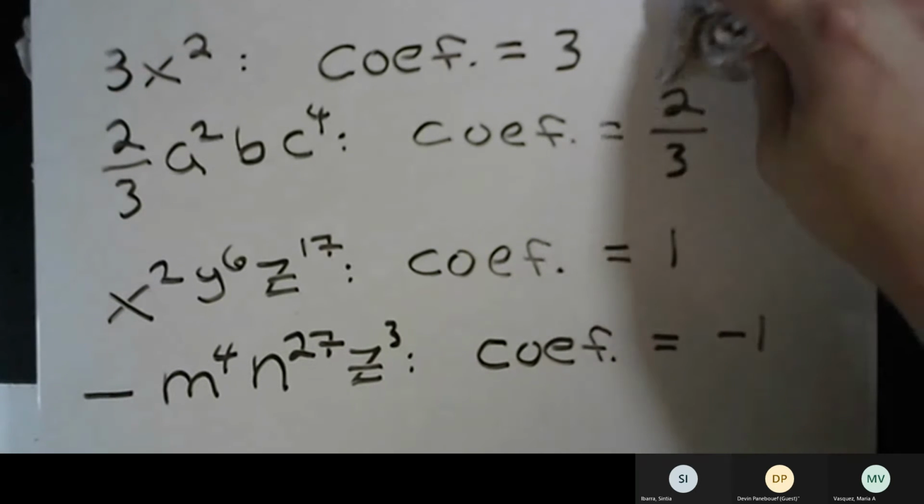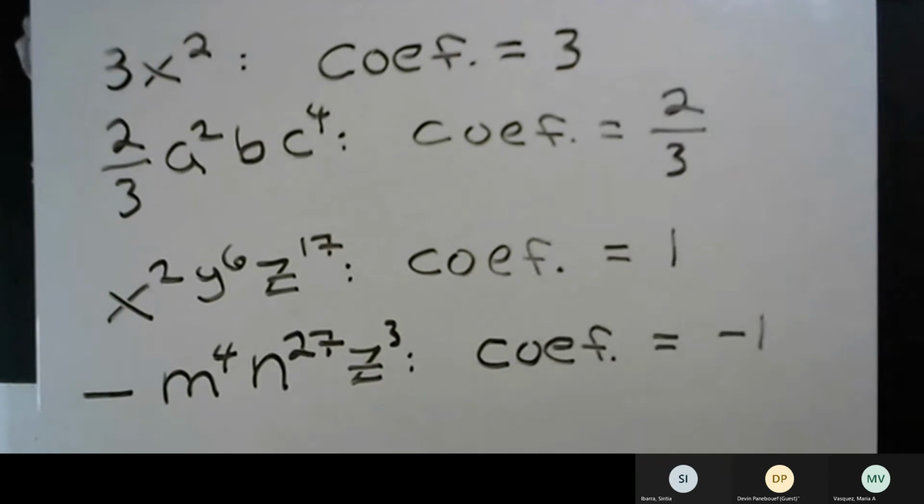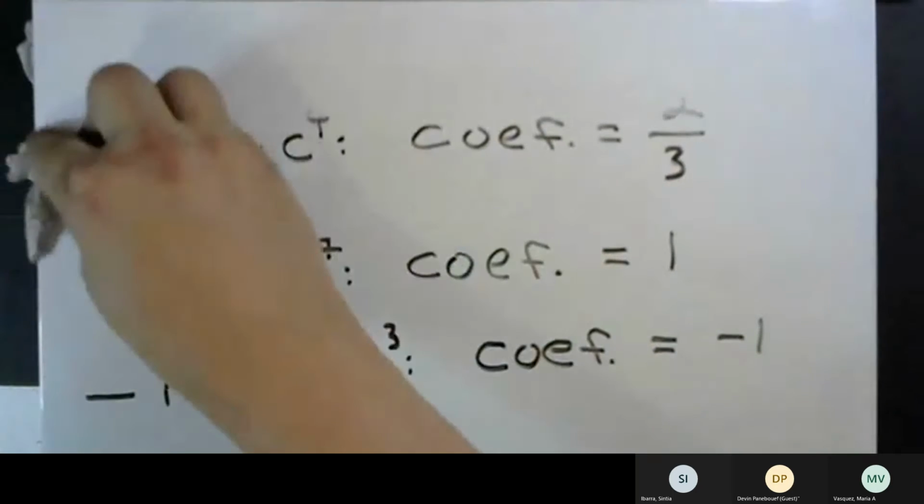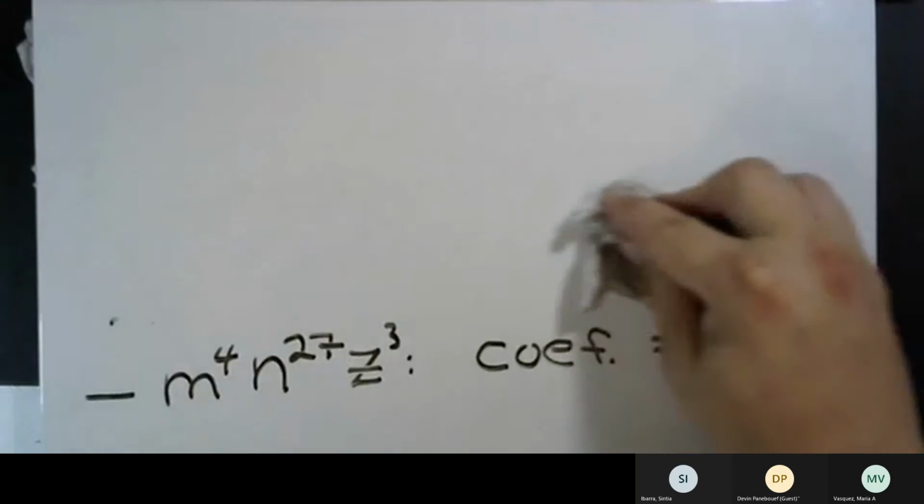So the next thing we're going to look at is multiplying monomials. And this is where we're really going to be using that product rule for exponents. And if I'm erasing too fast, please let me know.